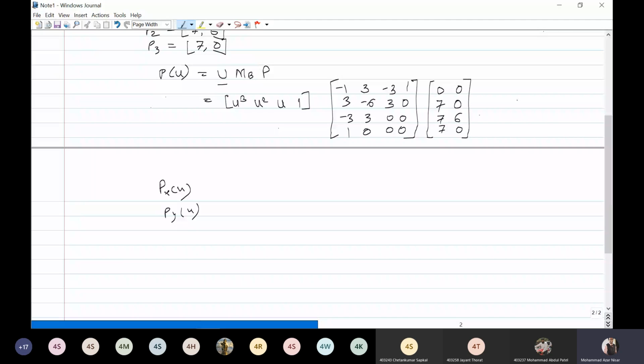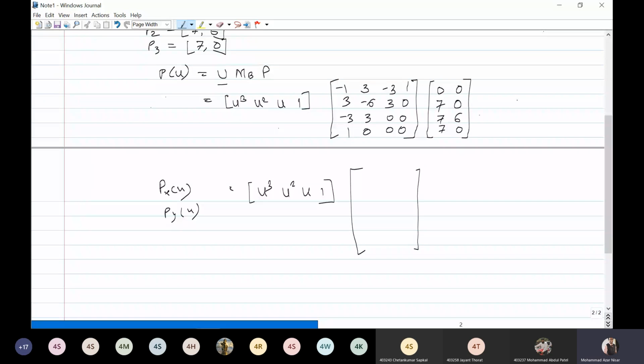So first u cube, u square, u and 1, then the row and column multiplication will be there. And you have to convert this 4×4 matrix into a 4×2 matrix.